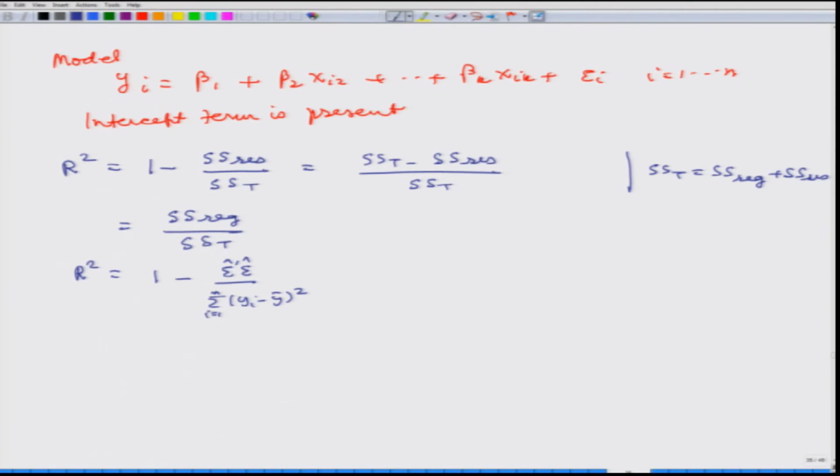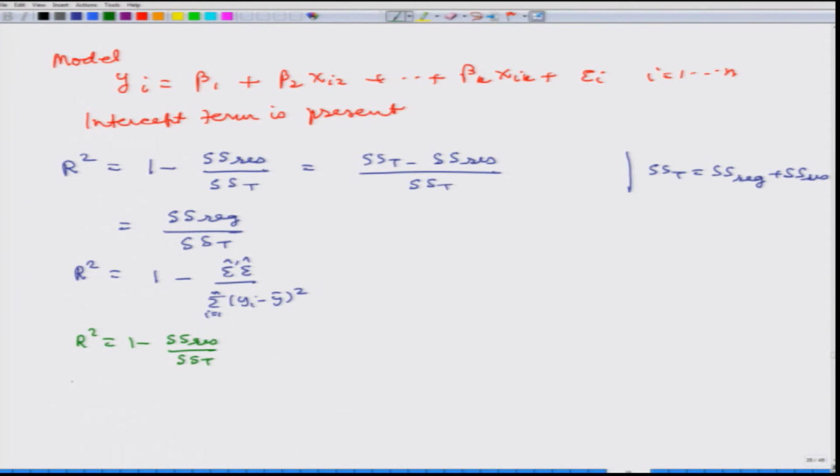For example, if I try to consider this expression R square is equal to 1 minus SSRes over SST. So, the model will be good in case the contribution due to random error is as small as possible. And in that case, ideally we would assume that sum of square due to residual should be 0.